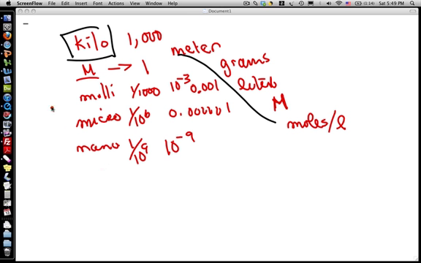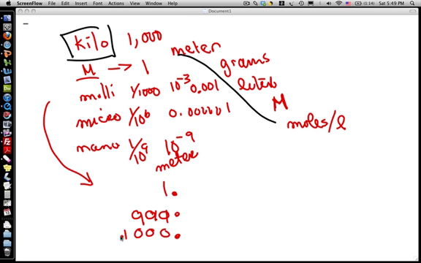There's an easy way to think about these, and that is there are placeholders around the decimal. So if we had 1 meter, this would be 999 meters, and this would be 1,000 meters, or 1 kilometer.